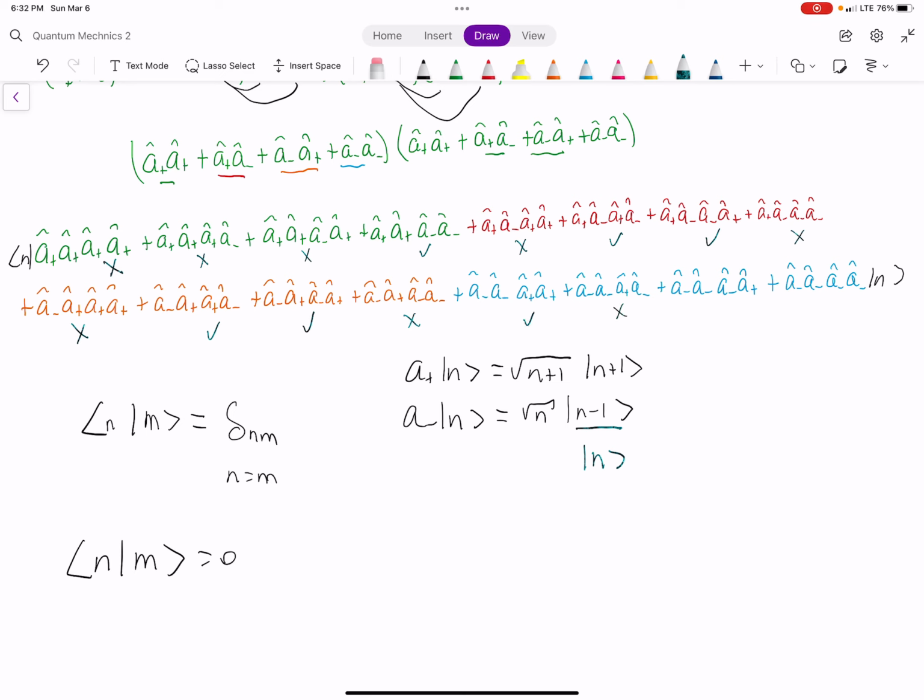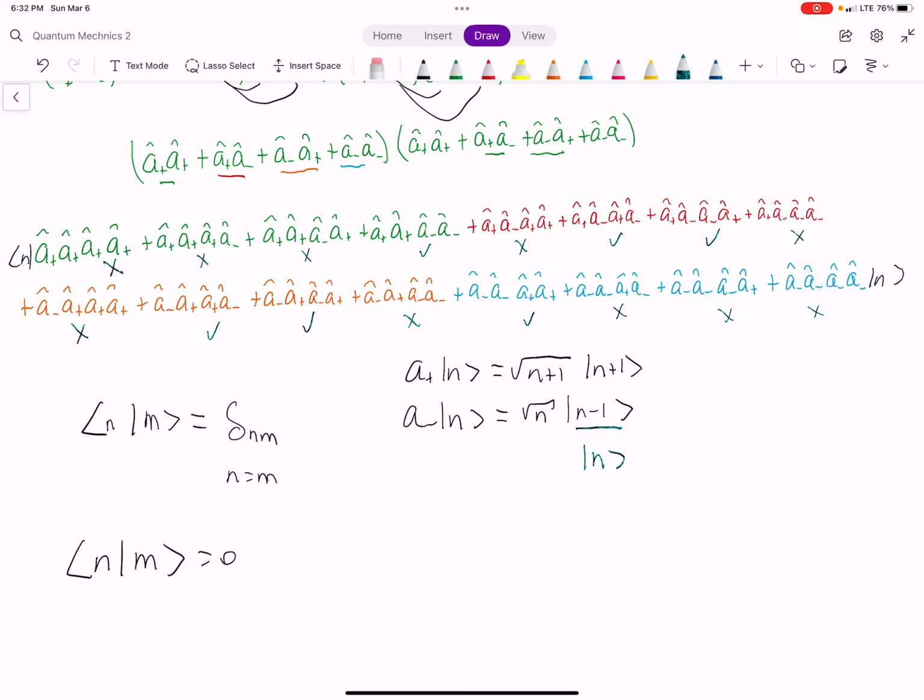This does not. This does not. This does not. So even though we had this big awful thing, only 1, 2, 3, 4, 5 states actually, or only like 4 of them actually contribute. I think I did that right.